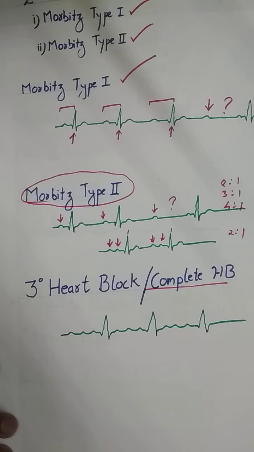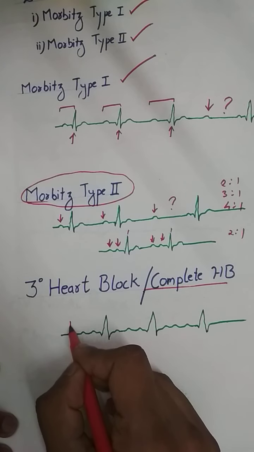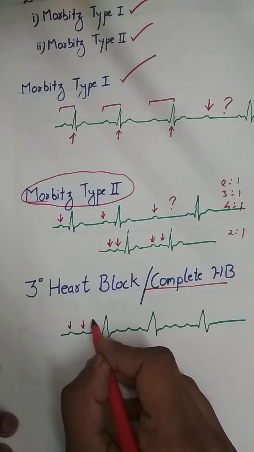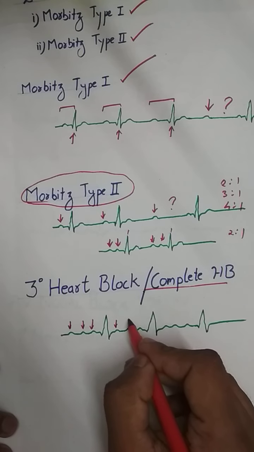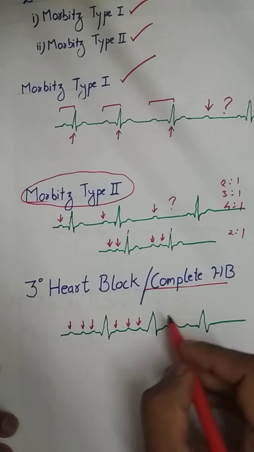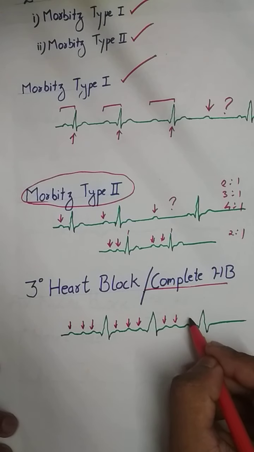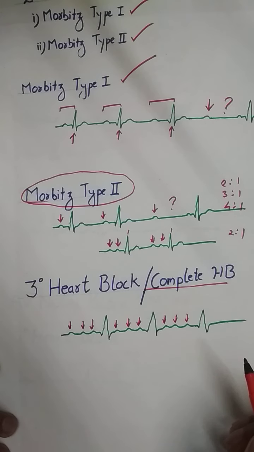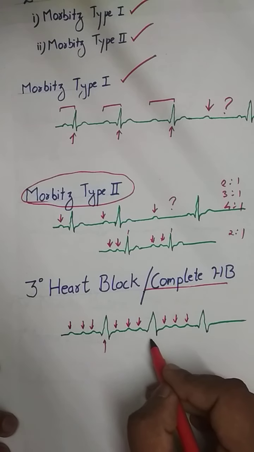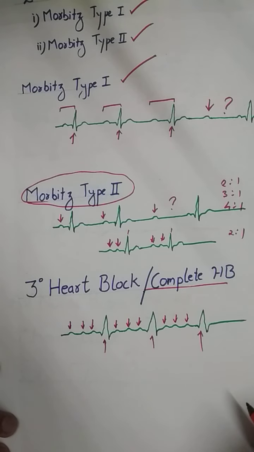So this would be the ECG of third degree heart block. What we see here, there are P waves. These are the P waves. And there are QRS complexes also. These are the QRS complexes.